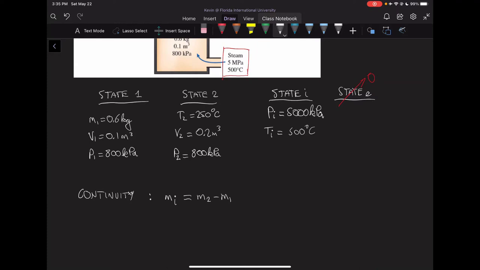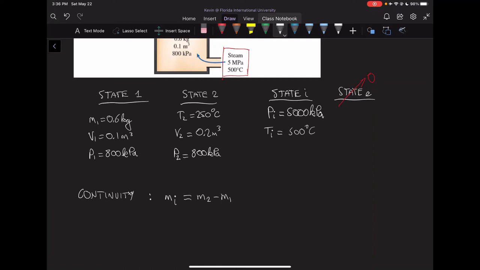Okay, it makes sense. The mass of flow coming in is going to be equal to the difference between mass 2 and mass 1. Okay, you can think of it in a different way where if you say mass 1 plus the mass coming in would be equal to the mass at time 2. Okay, so we have this first equation for continuity. And right now we only know our mass 1. We don't really know anything else.